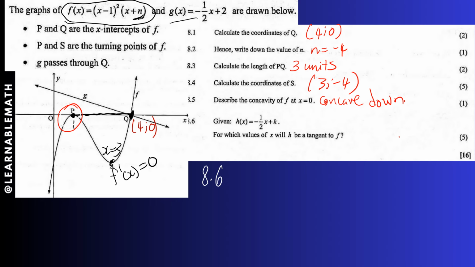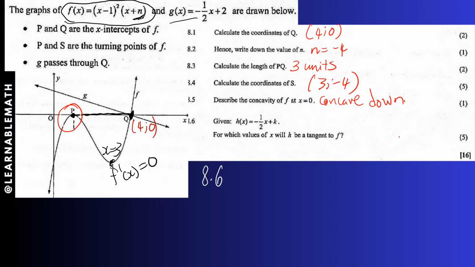So what we have to do first is understand that if this graph h is a tangent to f, then the gradient of this function is the same as the first derivative of f.